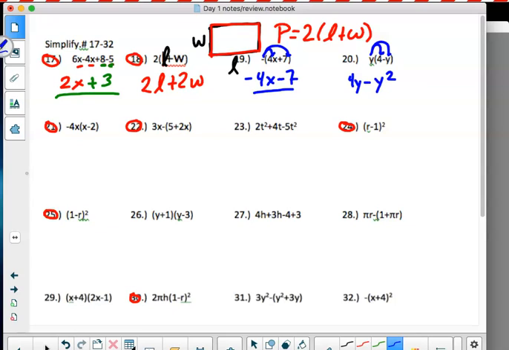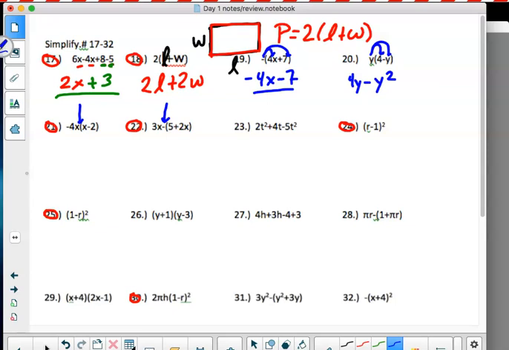In this case, I'm still distributing. And notice, please, that there is no plus or minus sign there. It's a multiply. 4x is the term that is multiplying across, and this happens to be a negative 4x. I want to make sure you notice that that's different than this one. This one in 22 is 3x minus the quantity 5 plus 2x.